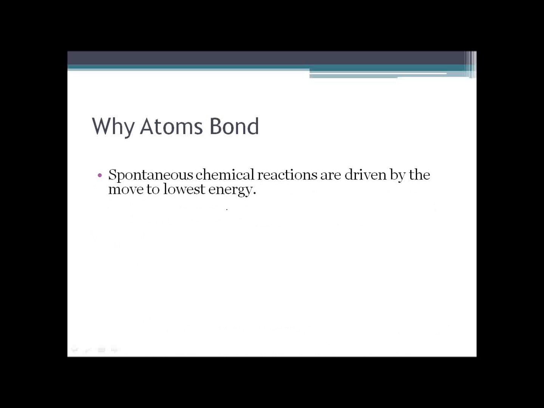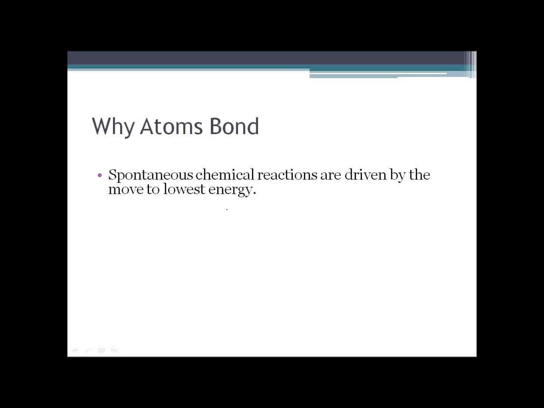Just point out to you that the reason why things are doing this is because they want to get to a stable situation. In other words, they want to get to a lower energy value. It's a bit like me asking you, if you were holding a stone or a rock and you wish to drop it, and I said to you, well, if you drop it, it's going to land on your toe.